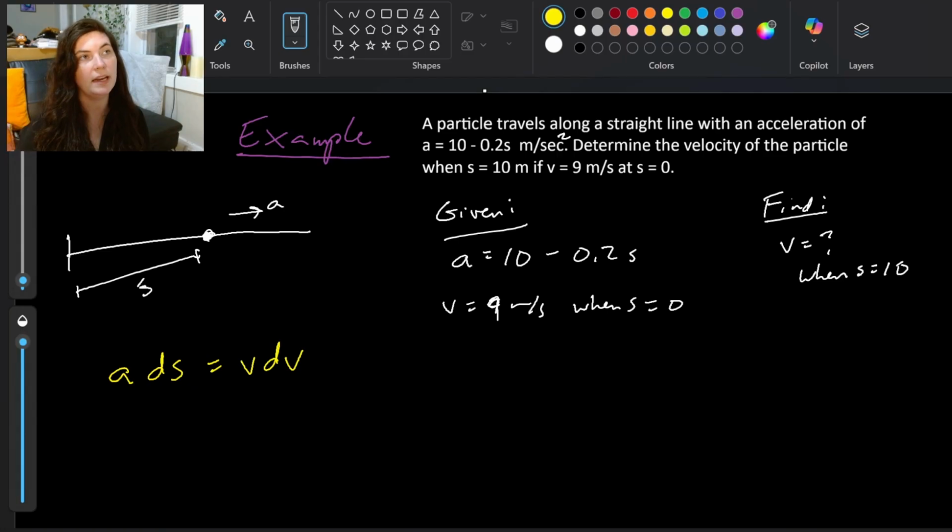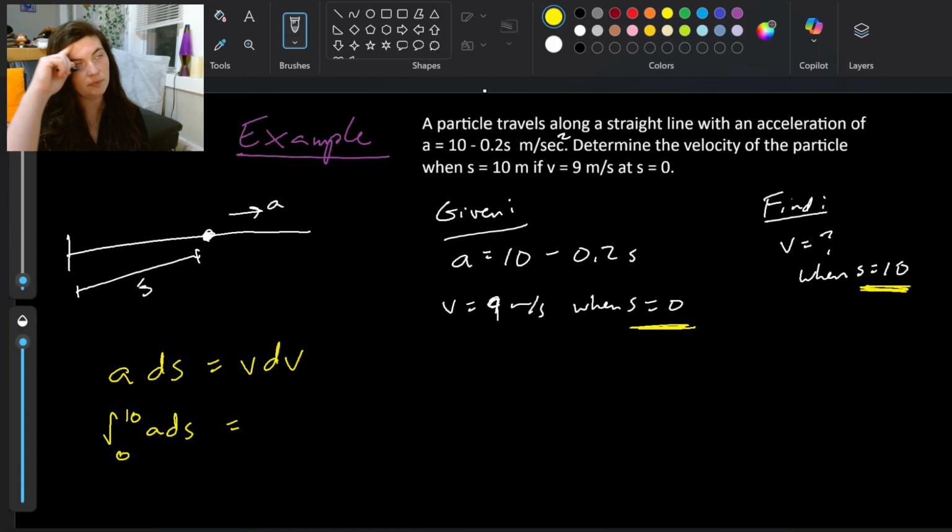And what we can do is go ahead and set up these integrals. So when I integrate, I want to integrate a ds from my initial position to my end position. I was given an initial position of s equals 0, so my lower bound is going to be 0. And my end position I also know, right? I'm looking for when the position is 10, so I can put that into my upper bound. Equals v dv.